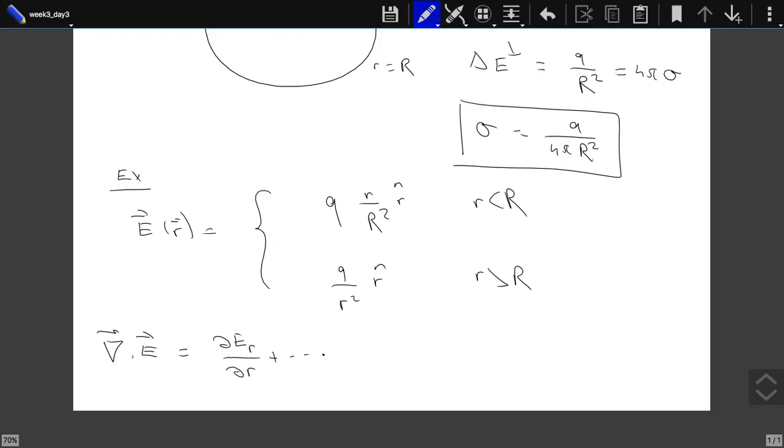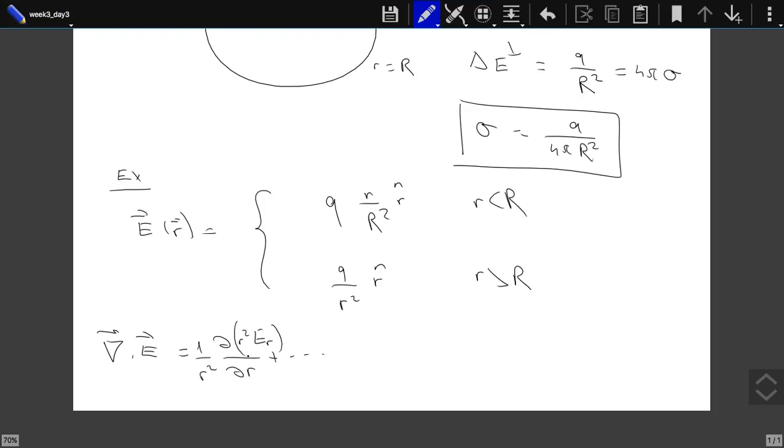The divergence in spherical coordinates is 1 over r squared times the derivative of r squared E_r.